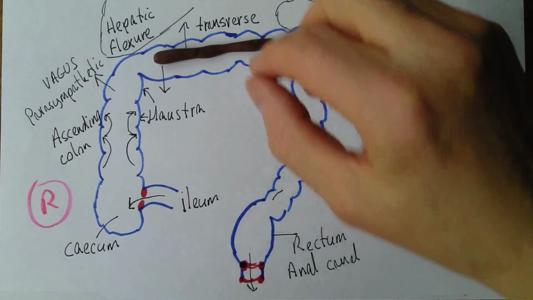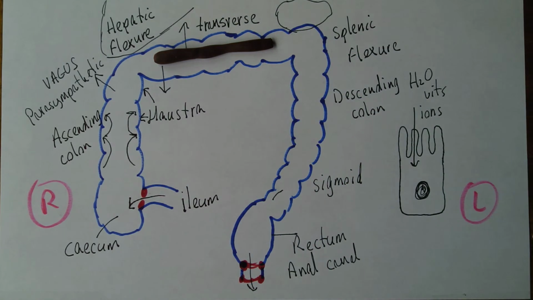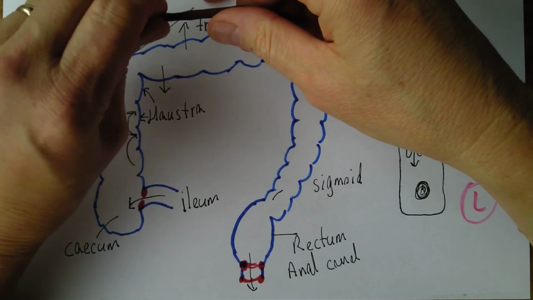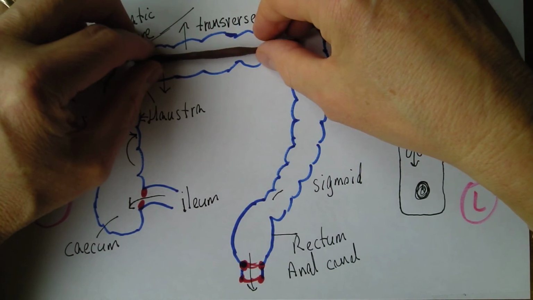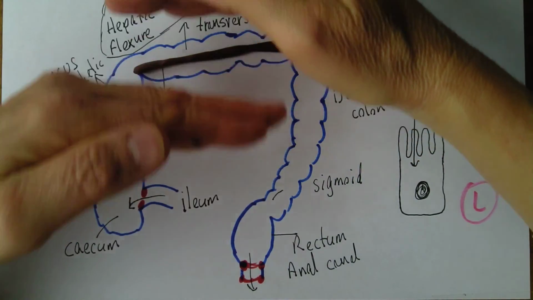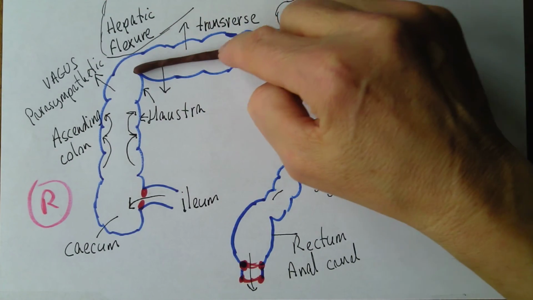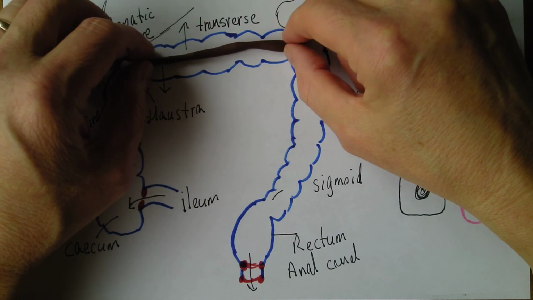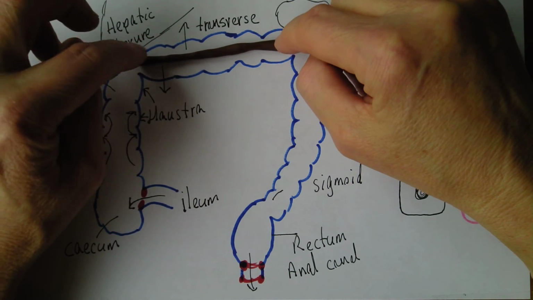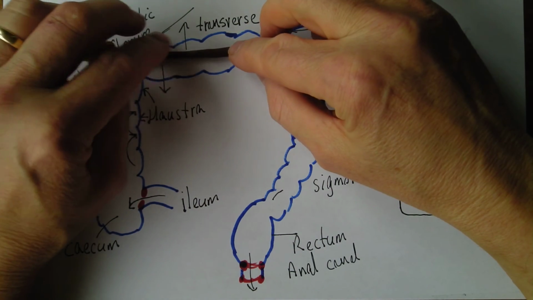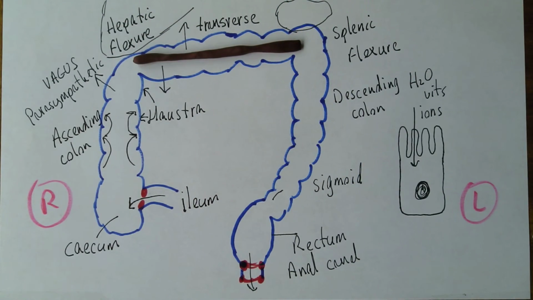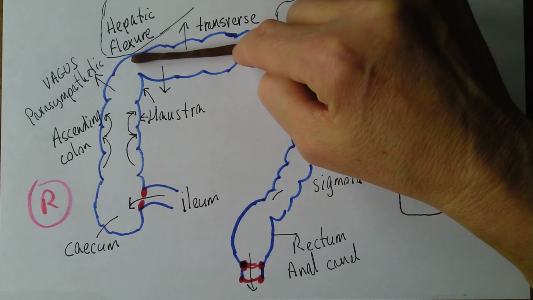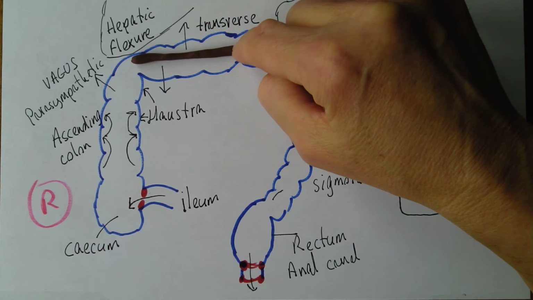And we can see that the colon has got a long way to go to be able to squeeze down onto this material. It's got a long way to go because there's not a lot of residual material. So this patient needs advice on improving the amount of fibre in their diet. But when we give fibre, we have to give plenty of fluids as well, because we don't want the fibre to dry out.